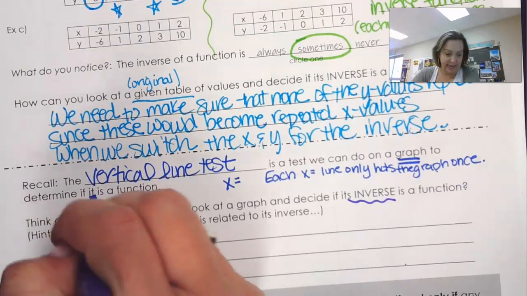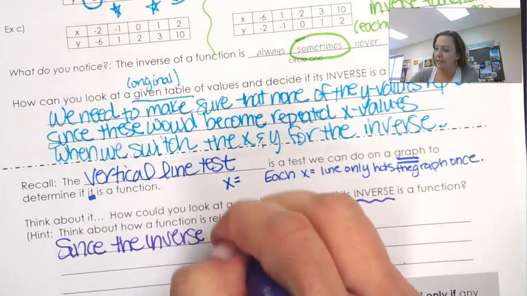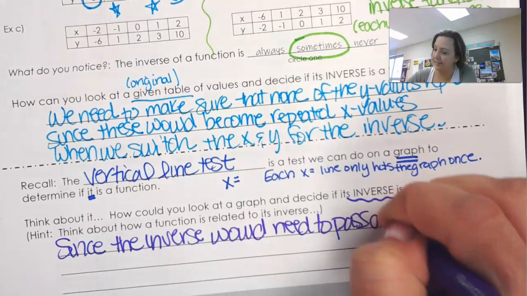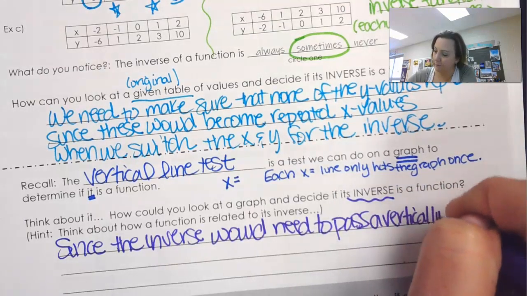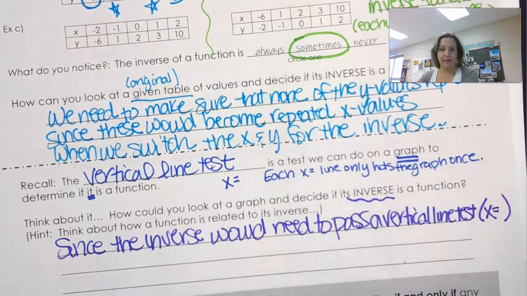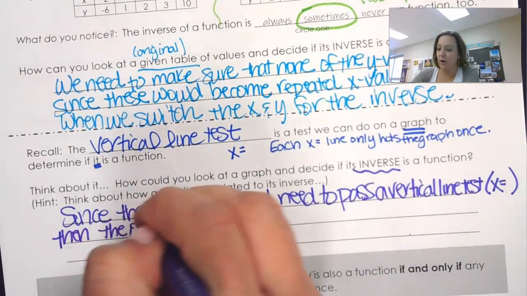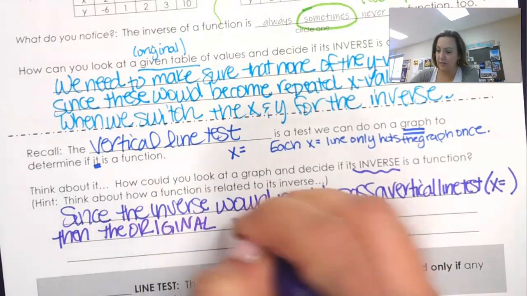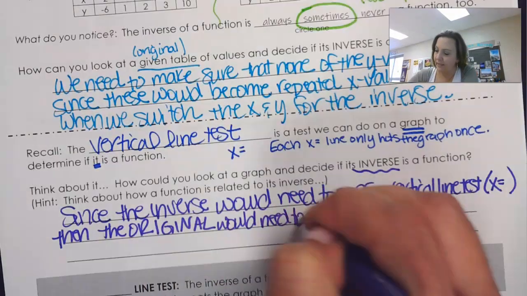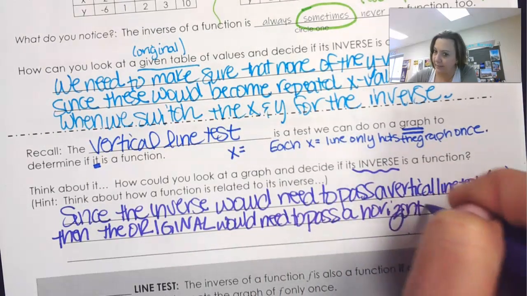So since the inverse would need to pass a vertical line test, where we have x equals something, the original would need to pass a horizontal line test.